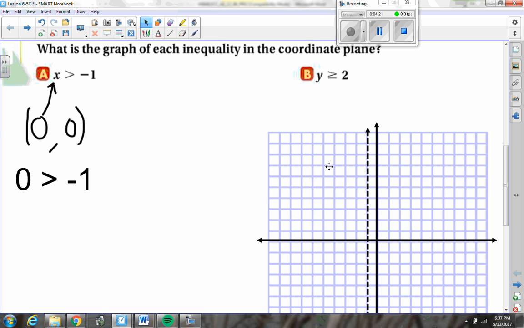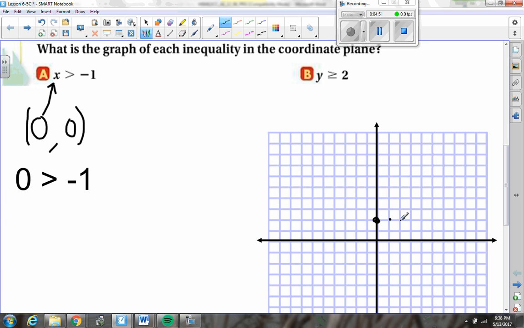So I'm going to again go to the point on my graph where y is equal to +2. That would be up 1, 2, right here. That would be where my y-coordinate is equal to +2. But there are a lot more points than that where my y-coordinate is 2.